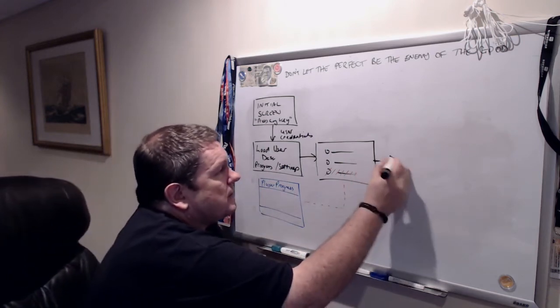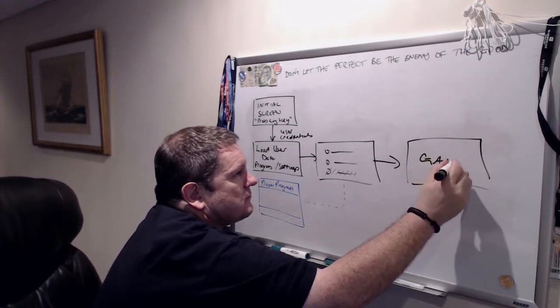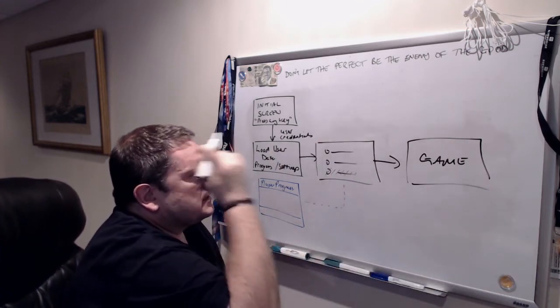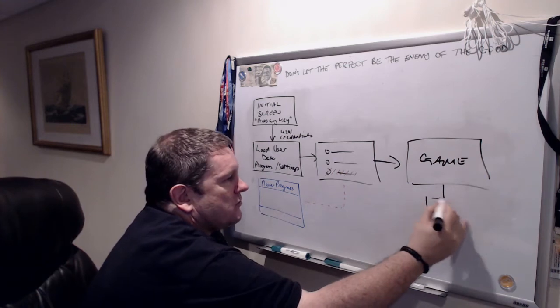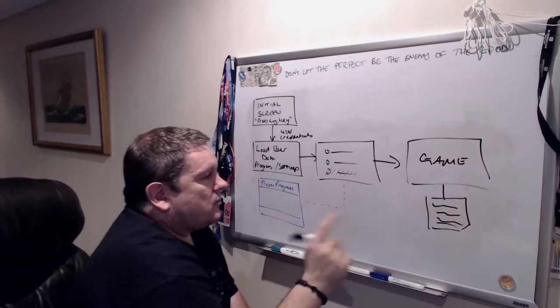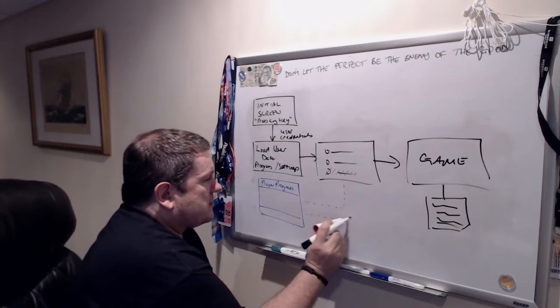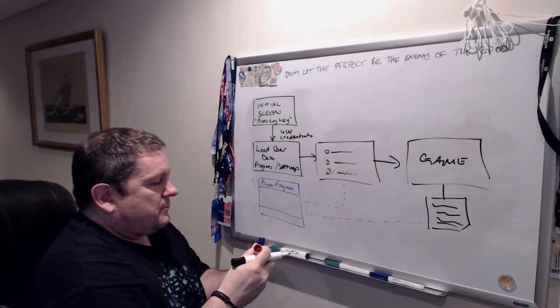And then lastly, we're going to look at the actual game itself. So this is the game itself here. So whatever the game is over here, we're going to write a bit of code here. And that bit of code is also going to reference our player progress and is going to update it.